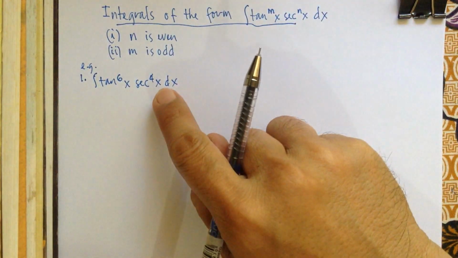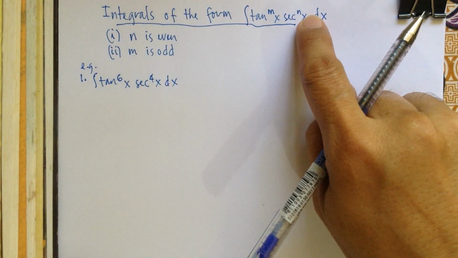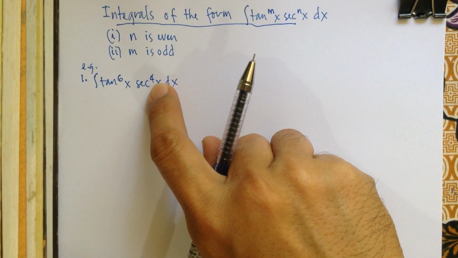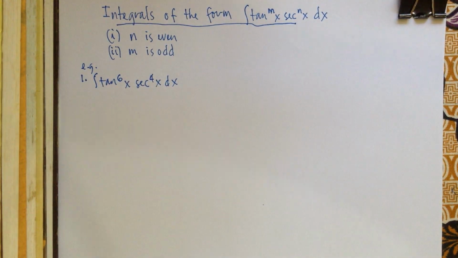So it falls on the first case because our n is even. Okay, the exponent of secant is even. Now, how do we evaluate this integral?